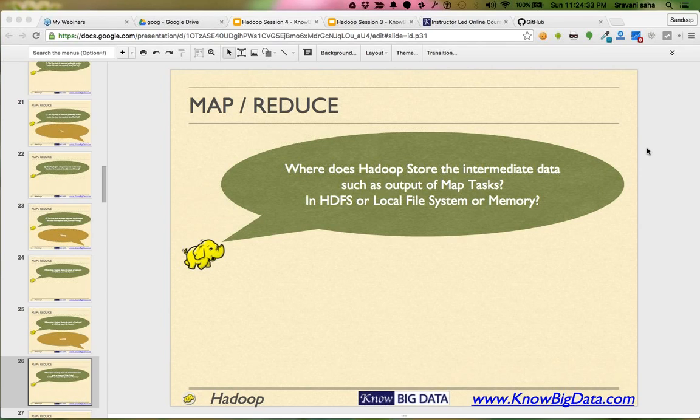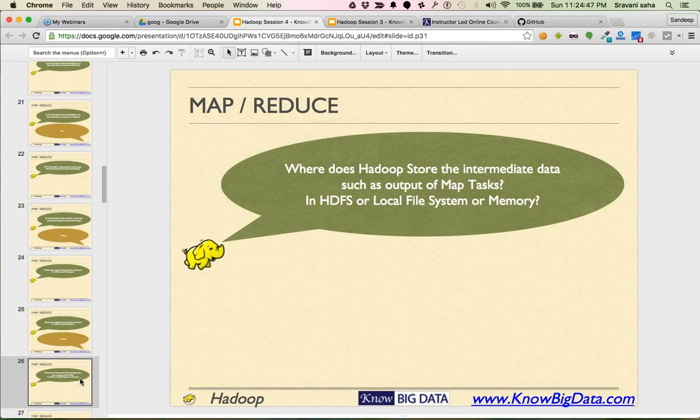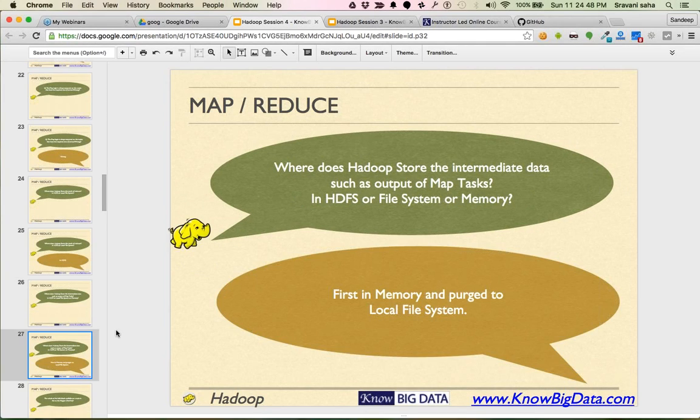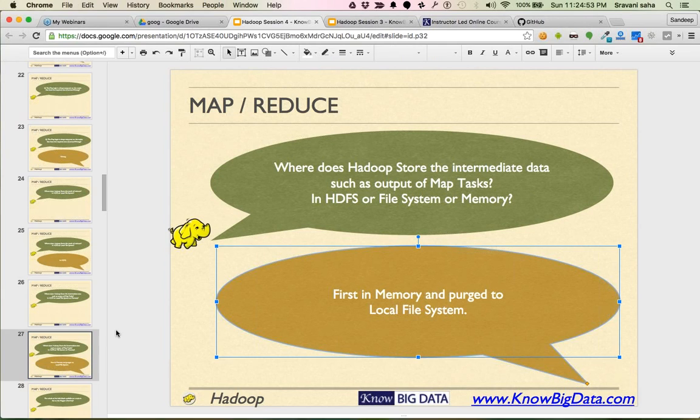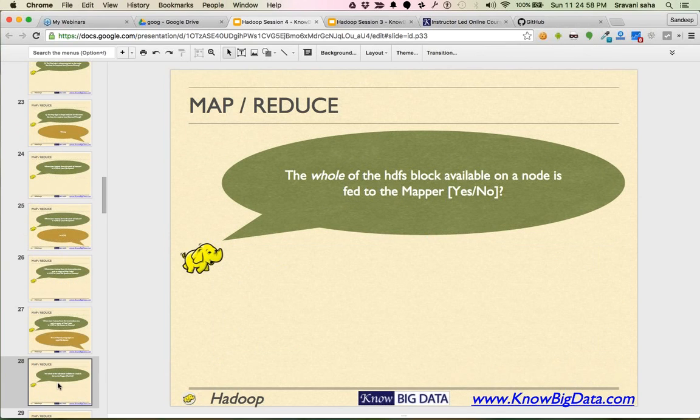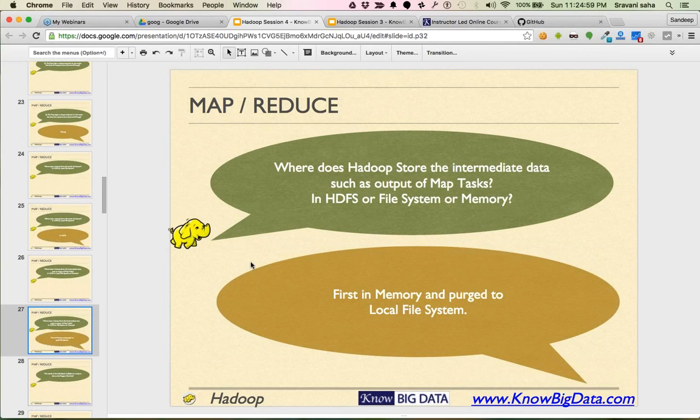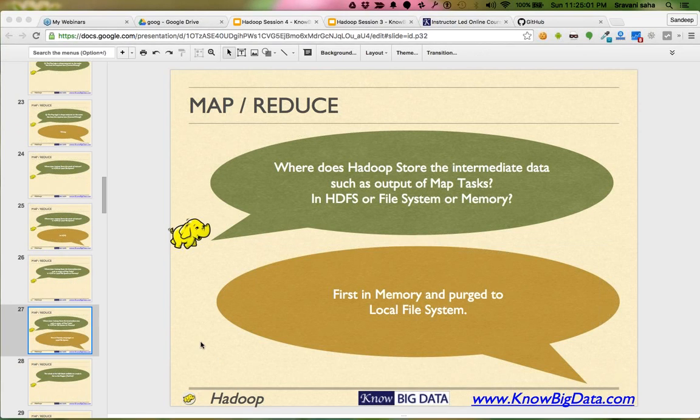So will that temporary data be kept in HDFS, the local file system, or in memory? All right, it is kept first in memory, and then it is purged to the local file system, and then it is carried over the network. All right, good, very good set of answers.